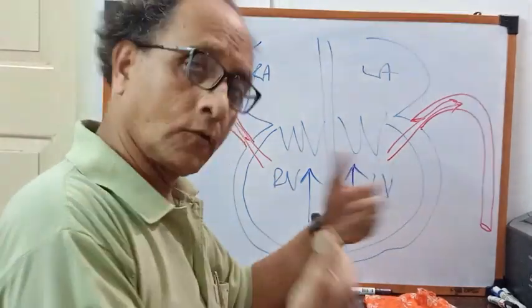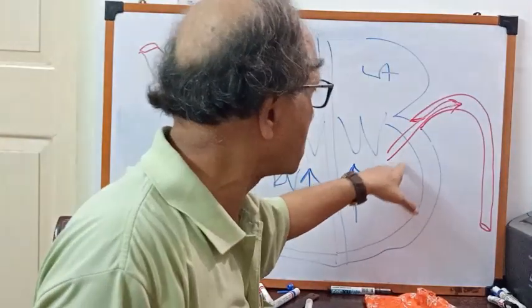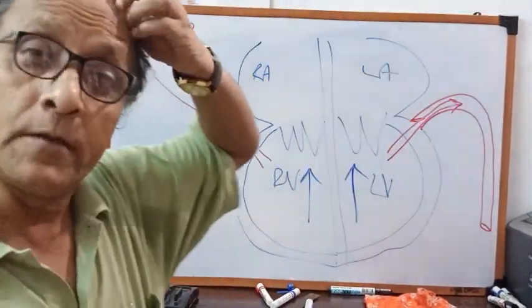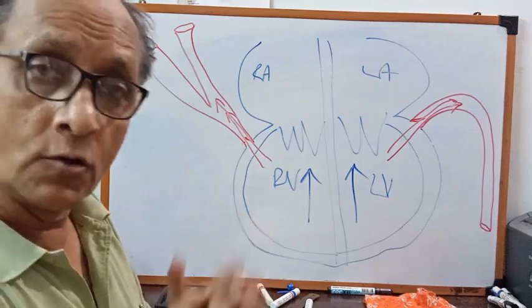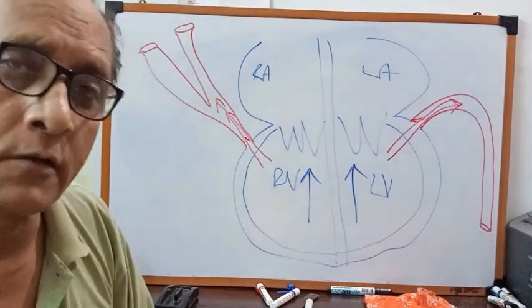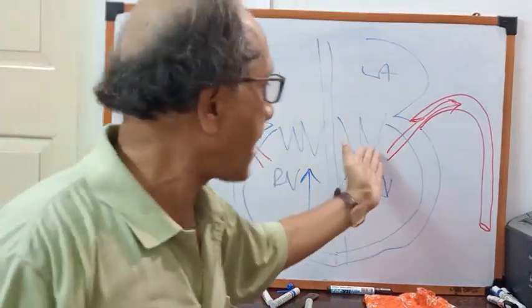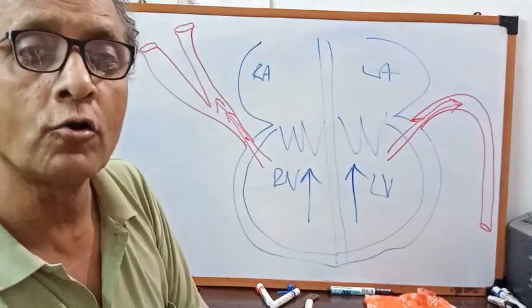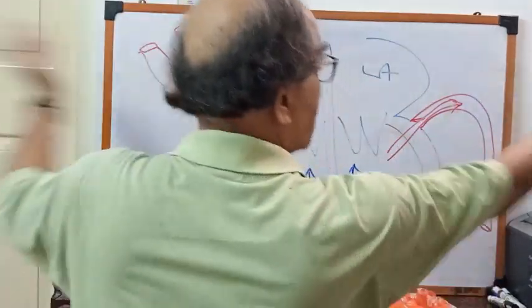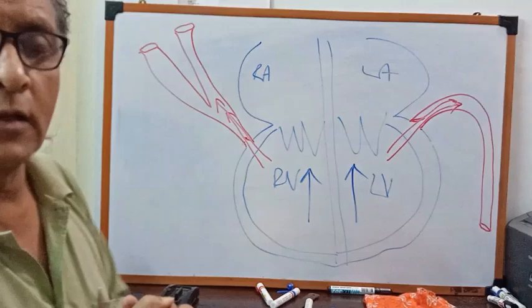But soon after, the pressure gradient is gradually reduced because a large amount of blood has already passed out. So the next phase is known as the slow ejection phase.